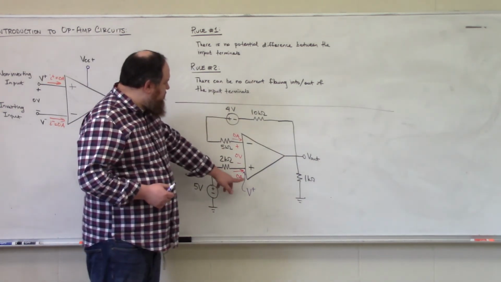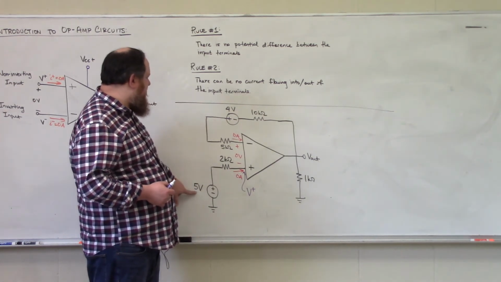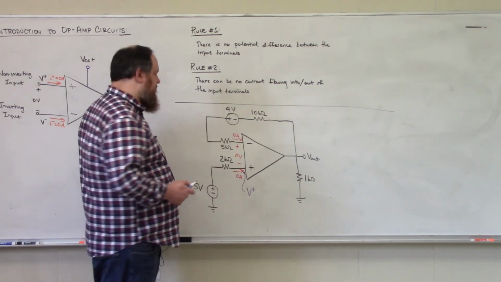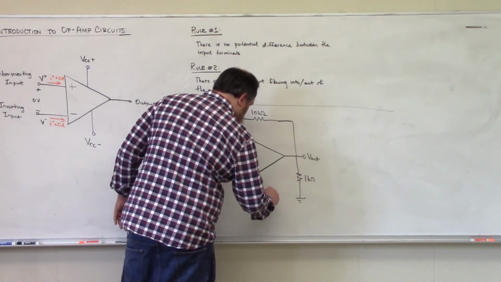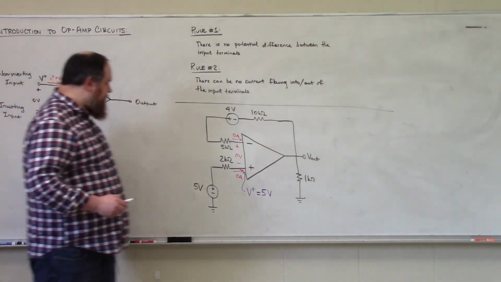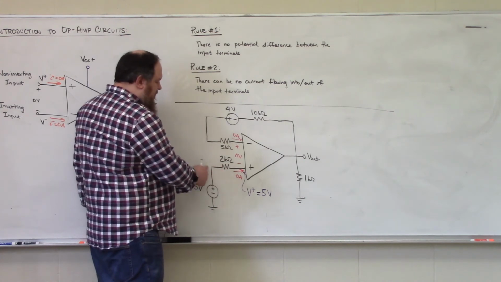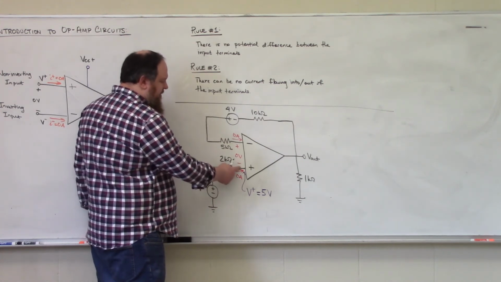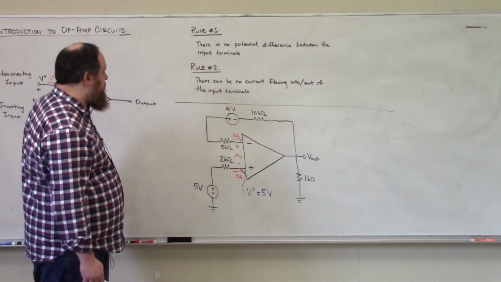And so the voltage present at the non-inverting terminal must be 5 volts, which is being supplied by this voltage source. So to be clear, due to op-amp rule number 2, whatever voltage we have at this node must be passed on to this node because there's no voltage drop over that resistor.